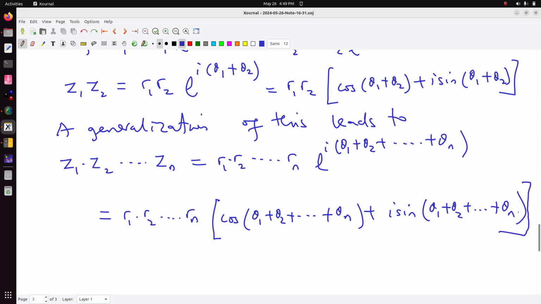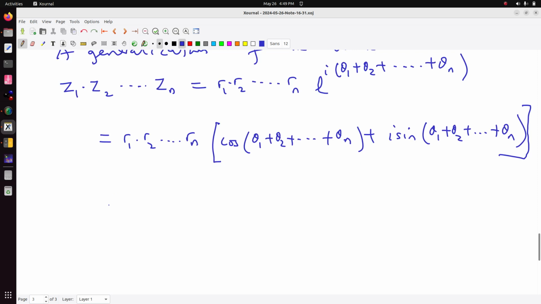Okay, so this is the generalization. Now, if we have z1 equal to z2, that is, all the complex numbers are the same, so we have z1 equals z2 up to zn, which we now denote everything by z.